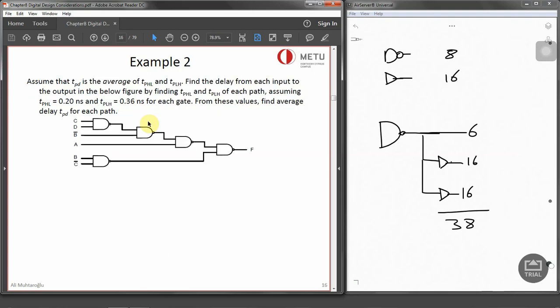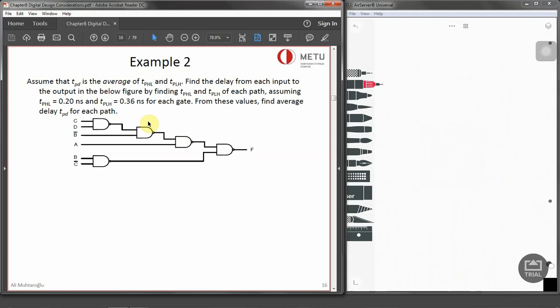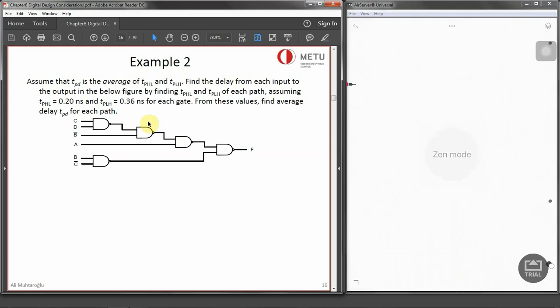Now the next example says assume that the propagation delay is the average of TPHL and TPLH. Find the delay from each input to the output in the below figure by finding the TPHL and TPLH for each path, assuming TPHL is 0.20 nanoseconds and TPLH is 0.36 nanoseconds for each gate.